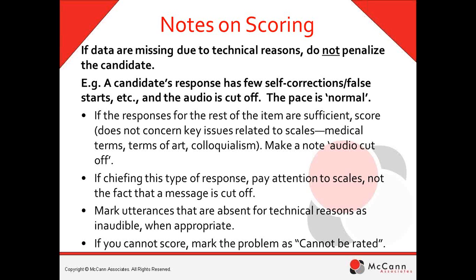If you cannot score, mark the problem as cannot be rated. On the other hand, if the data is missing due to candidate reasons, candidates may be penalized. If 50% or more is missing and the response cannot be rated, mark the box cannot be rated and write a comment in the notes box. This documentation is important and must be noted.